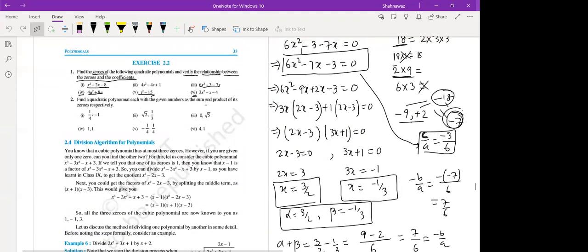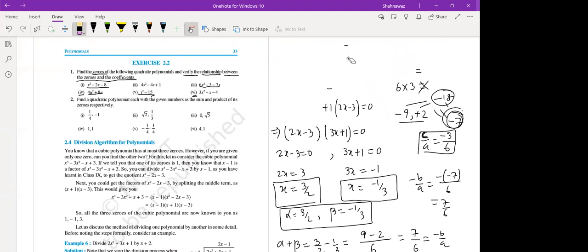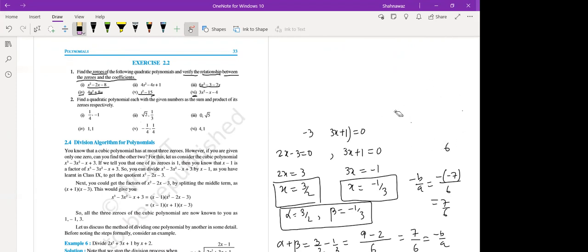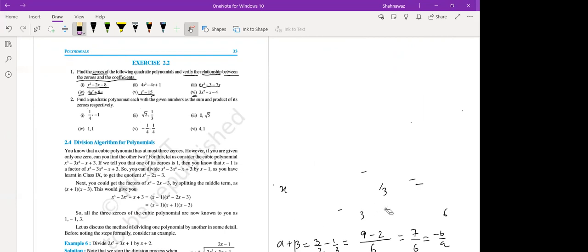So, the second question. It is easy. We have done this. Yes, sir. So what they are asking, just read the question. In the meanwhile, I will rub these. Should I read the question? Yes. Find a quadratic polynomial, each with the given numbers as the sum and product of its zeros respectively.